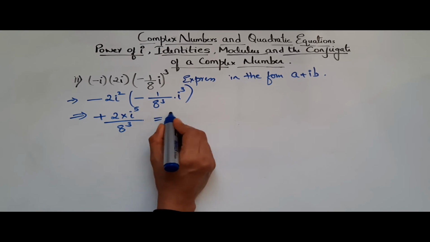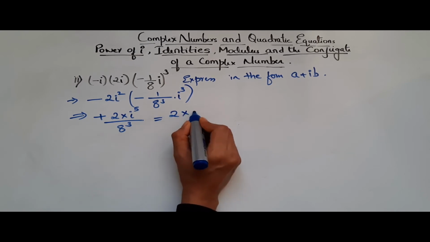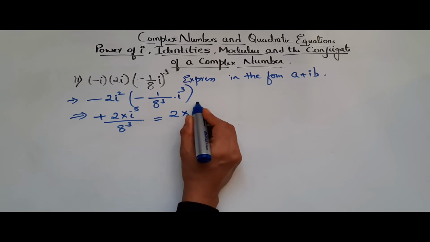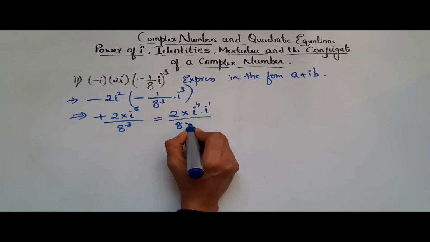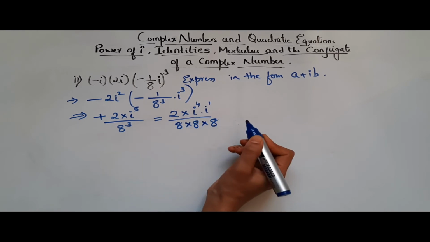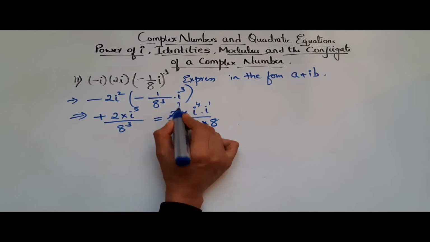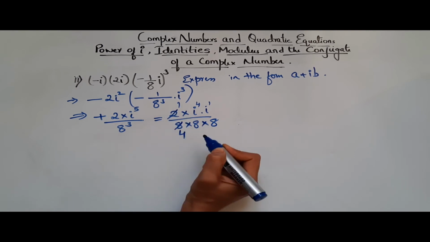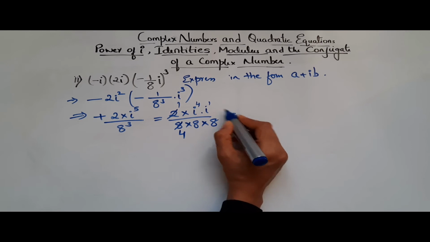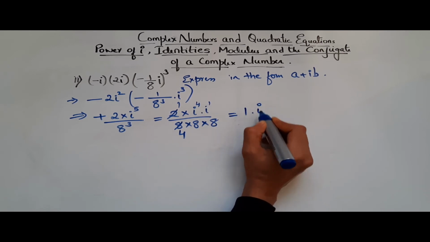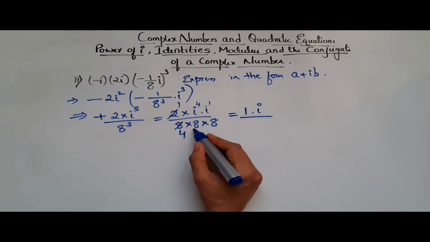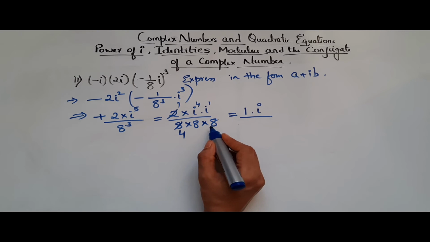So you can write this as 2 into i power 5, that is i power 4 into i power 1, by 8 into 8 into 8, so 8 cube. 2 ones are 2, 4 twos are 8. So we are left with i power 4, which is 1, into i by 4 into 8. 4 eights are 32, 32 into 8 will give you 256.